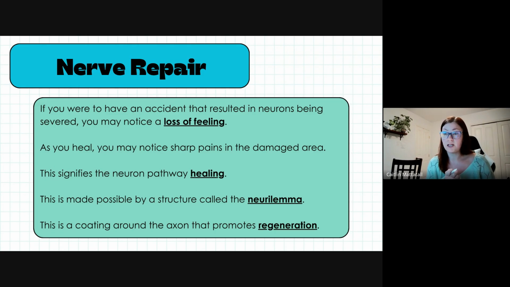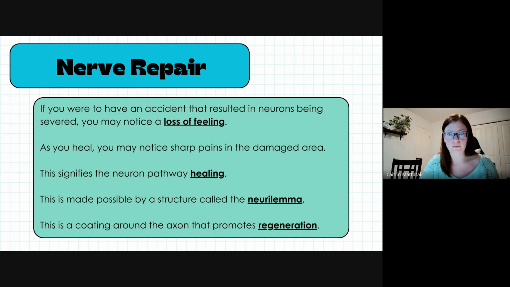And sometimes you just never get that feeling back and it always stays numb. Sometimes, though, you'll get a little zap through the healing process where that neuron has healed back together, that axon has reconnected, and we now have feeling to that area again. This is possible because of something called a neurolemma.